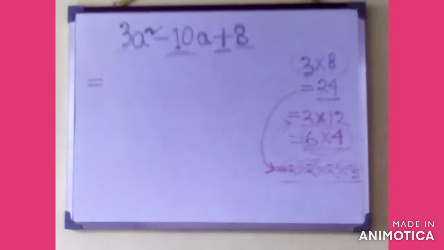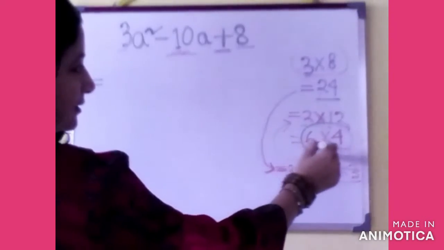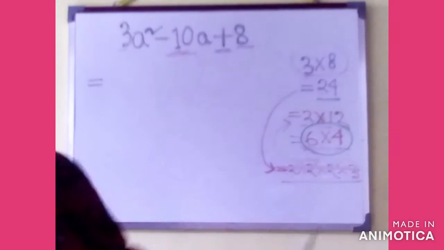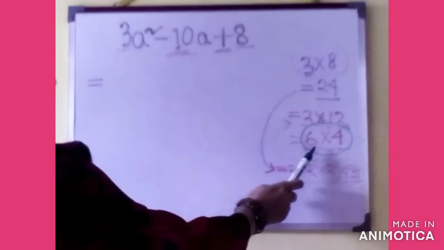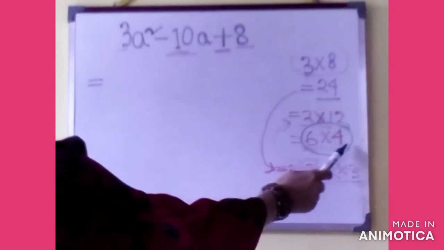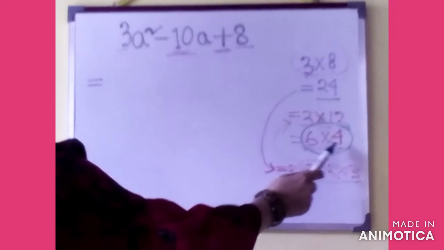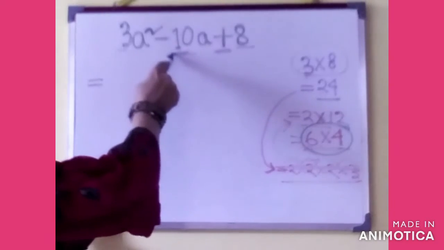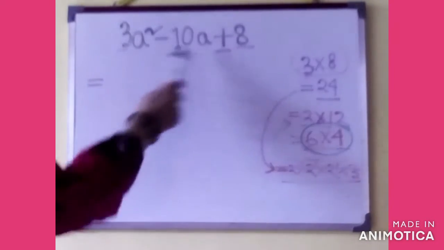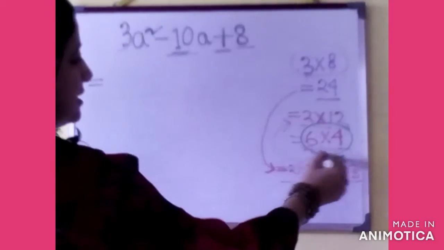When we split the 24 into 6 into 4, suppose this is f1 and this is f2, then f1 plus f2 is equal to 10, which is equal to the coefficient of the middle term. So we will take this one.